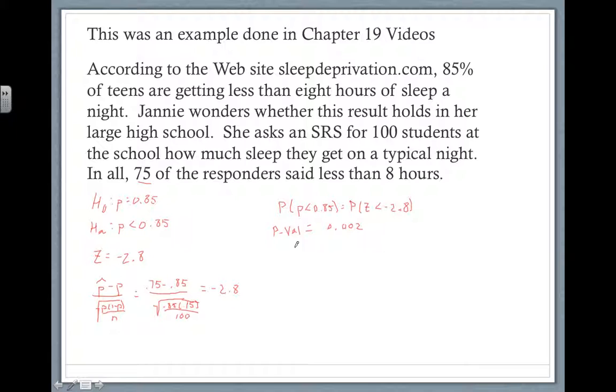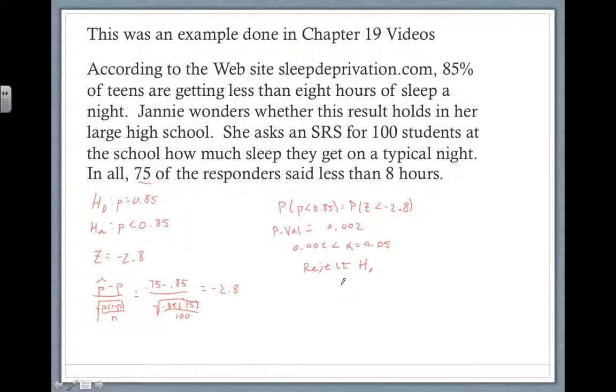So what I know now is that my p-value is definitely less than my alpha. It's not specified here, so we'll use an alpha of 0.05. Because it's less than alpha, I'm going to reject my null hypothesis. I have convincing evidence that my null hypothesis is not true, so we're in favor of our alternative hypothesis.